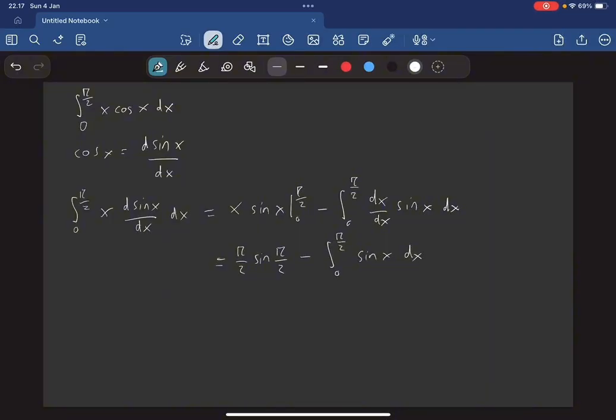Now it's easy. The integral of sin x dx is on our list. It's minus cos x.